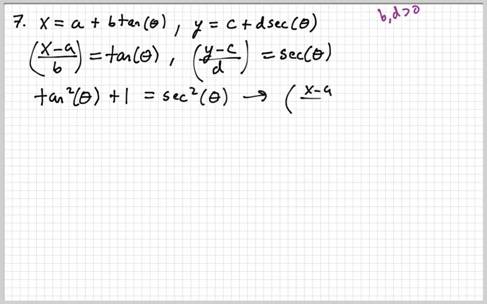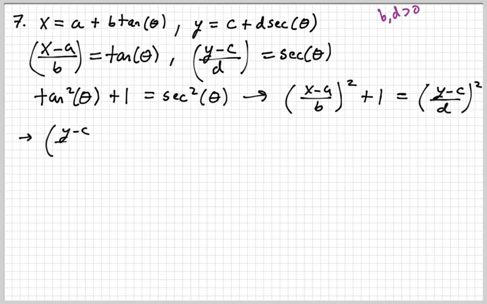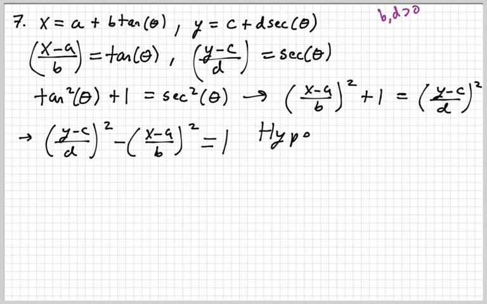So that gives us x minus a over b squared plus 1 equals y minus c over d squared. We're going to solve it so that the 1 is positive and by itself. So we'd have y minus c over d squared minus x minus a over b squared equal to 1.